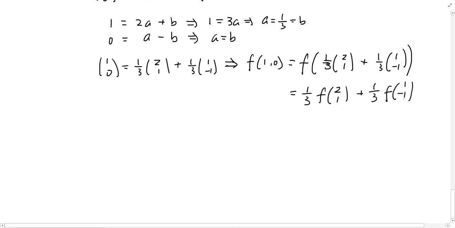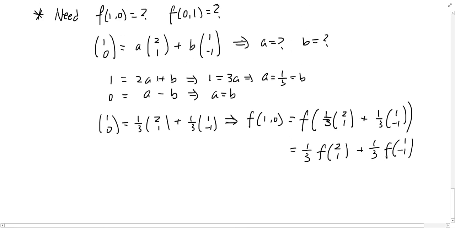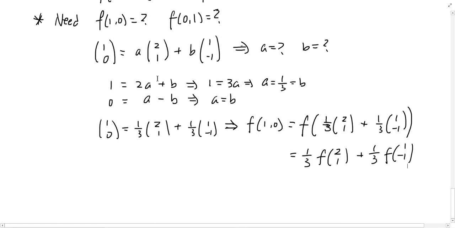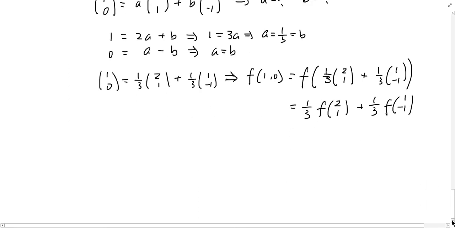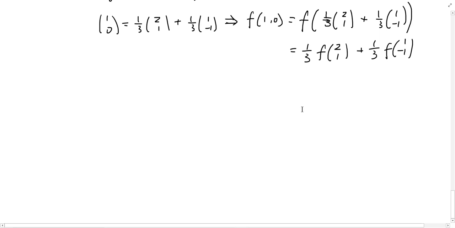So based on what we're given, f of (2, 1) is the same as (1, 1), and then f of (1, -1) is the same as (-1, 1). So now I can actually combine them together to form my vector, which is (0, 2/3).